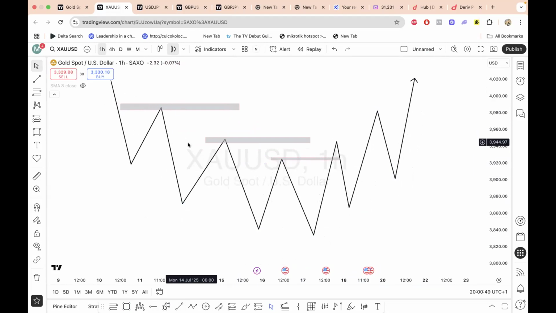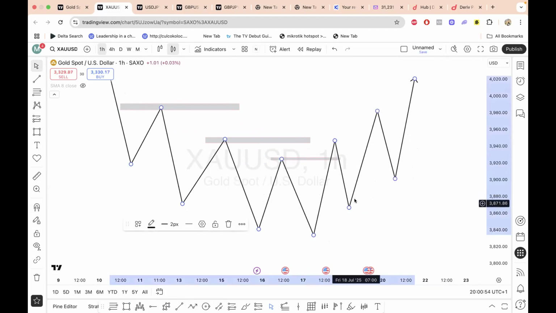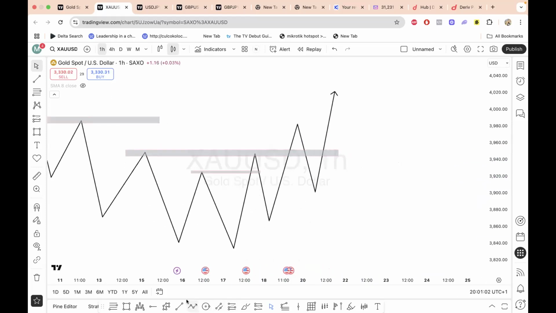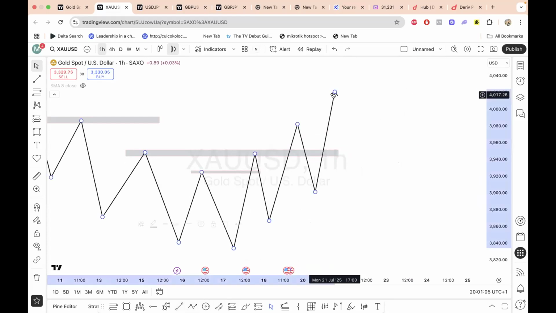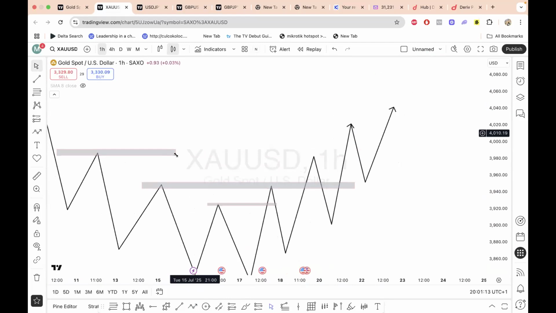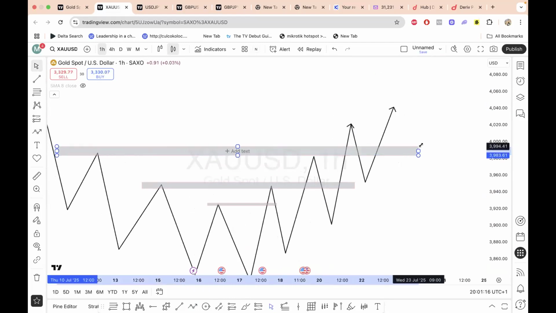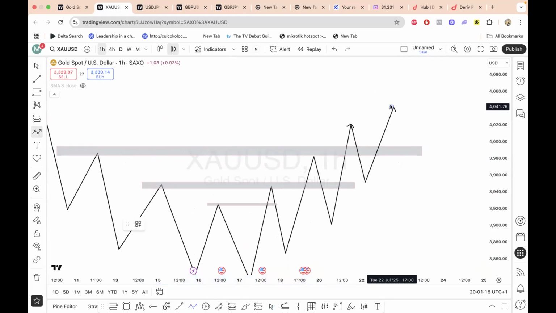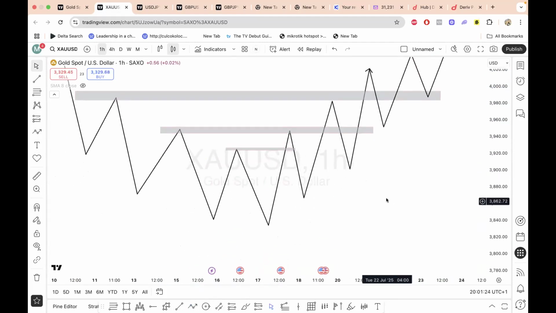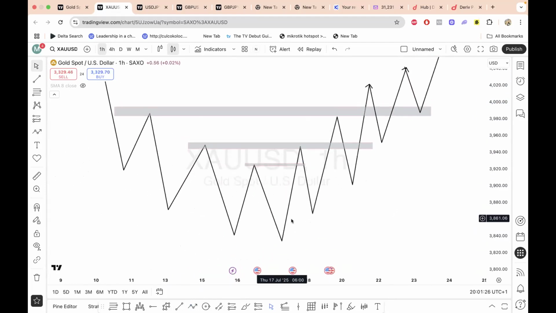Resistance. Of course, we know. The market has broken resistance. And what is happening to resistance now? Resistance turns to what? What happens to resistance? Resistance turns to support. Good. Now, that is typically what happens.